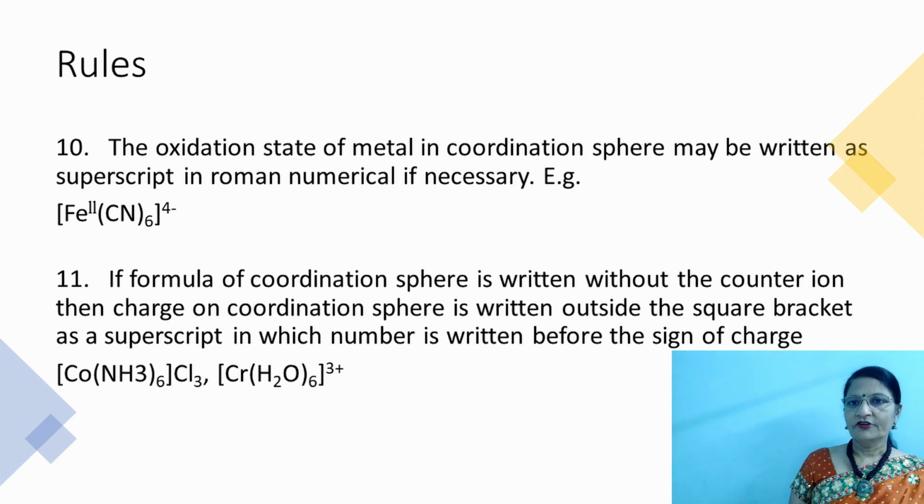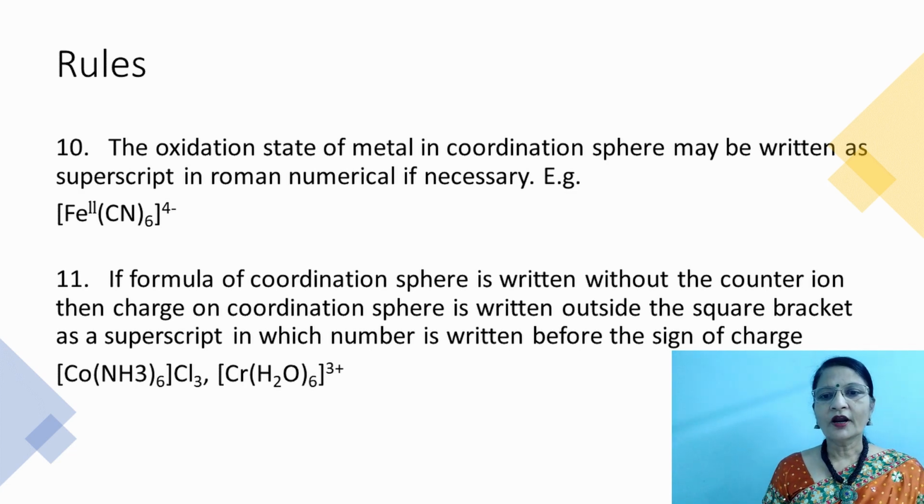In case of the coordination sphere, if we have to write the charge, then it is written as a superscript after the coordination sphere, and before the sign of the charge we have to write the number. In this way we can represent the coordination sphere. Thank you all.